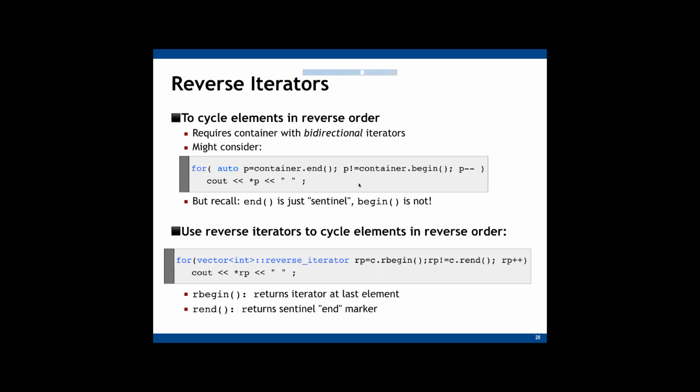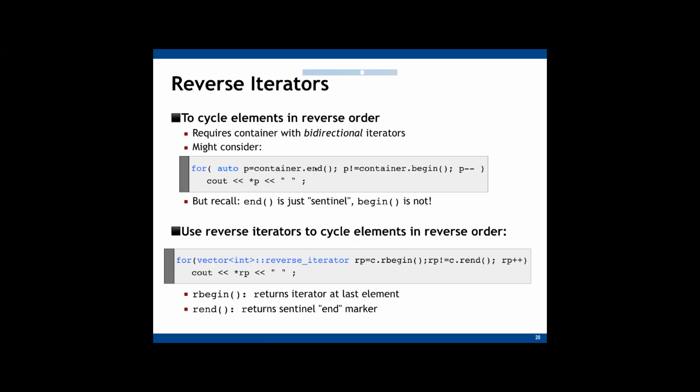This for loop looks okay, and this code may work on some systems, but this code is wrong. I mentioned that the end member function returns the end marker of the elements. So one more time, the end member function returns the end marker of the elements. So this is the position past the last element stored in the container.